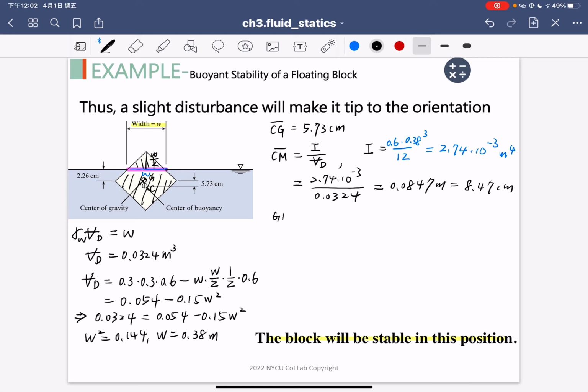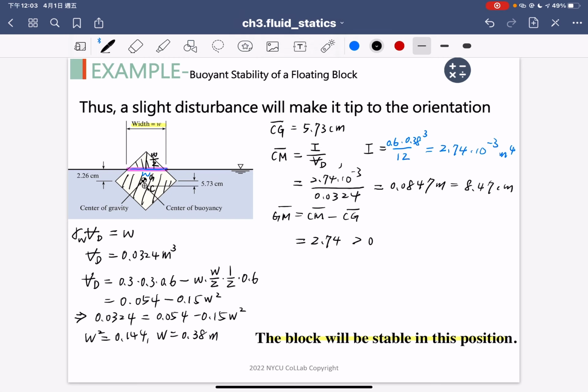So the GM will equal the CM minus the CG. Okay, so the number for this question, the GM, is equal to 2.734, so it is larger than 0. So at this stage, the block will be stable.